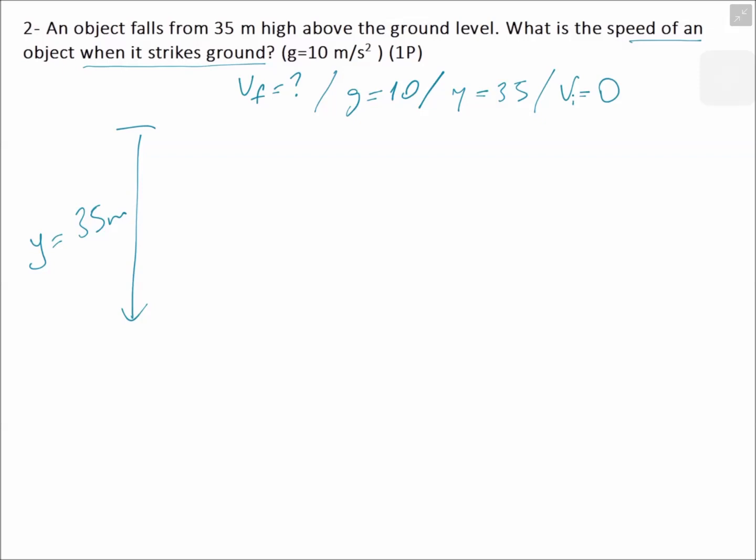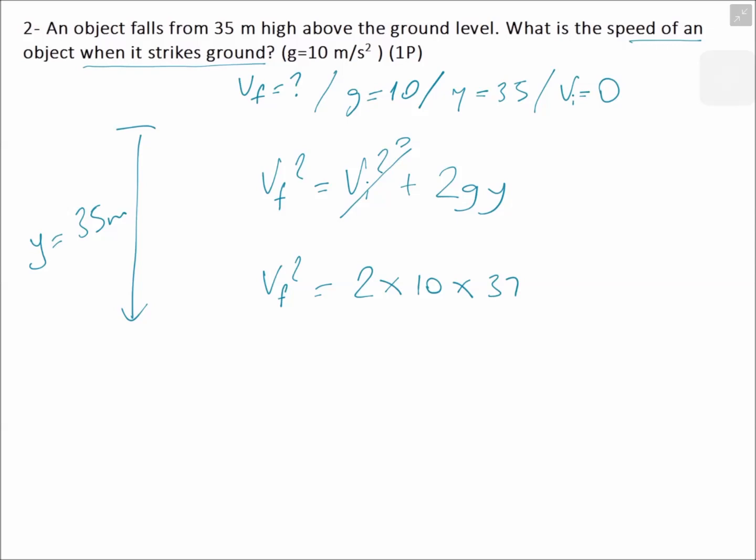We are going to use the formula v final squared equals v initial squared plus 2 g y. V initial is 0, 2 times g is 10, times y is 35. So v final squared equals 700. If you take the root of both sides, v final is going to be 26.5 meters per second.